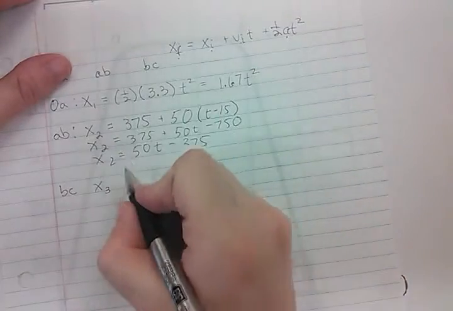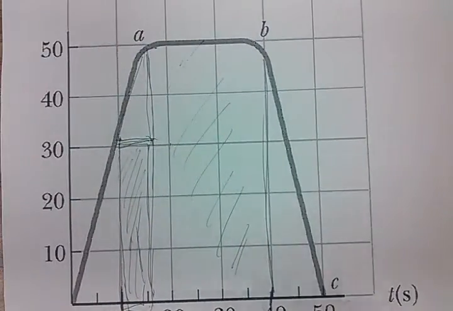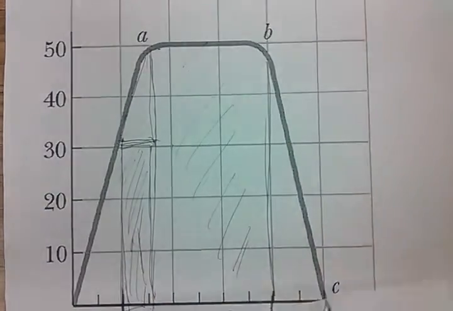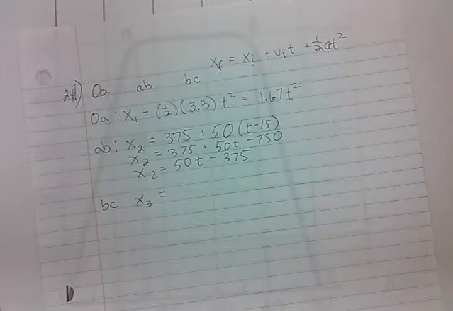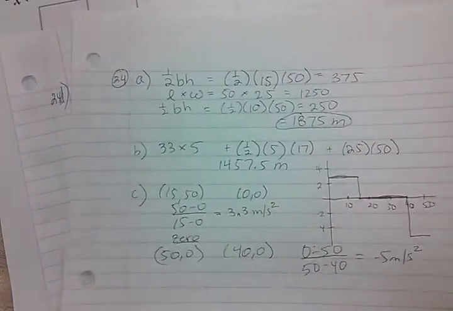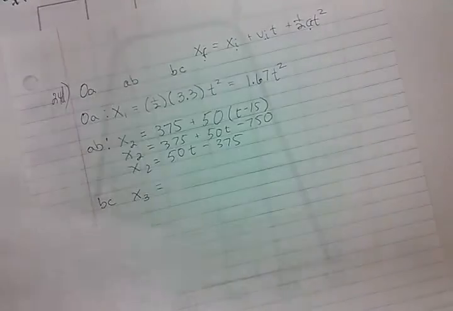And this time, our initial position is going to be the total distance traveled by these first two intervals. And if we recall from part A of the problem, the first two intervals were 375 and 1250.